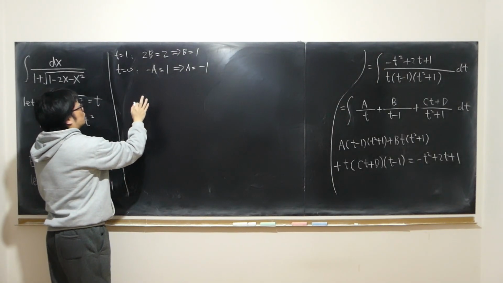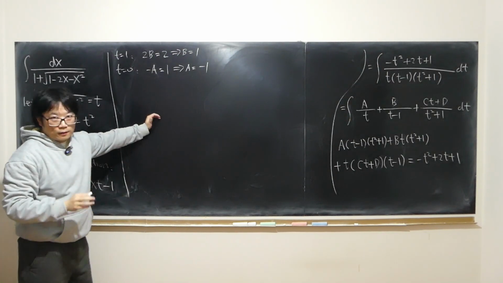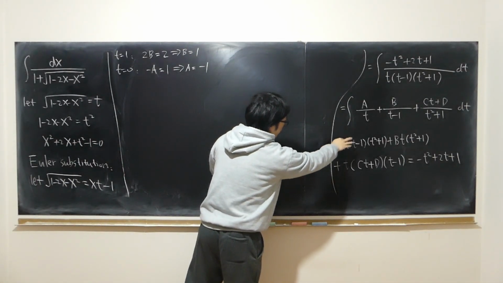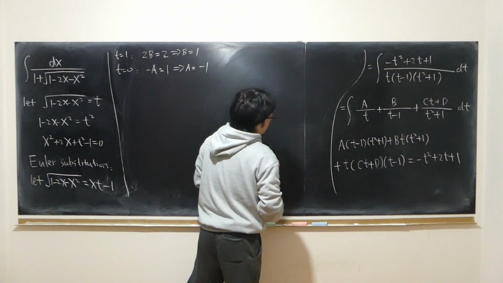Before I substitute another special value, why not first replace a with negative 1 and b with 1 and simplify a little bit?